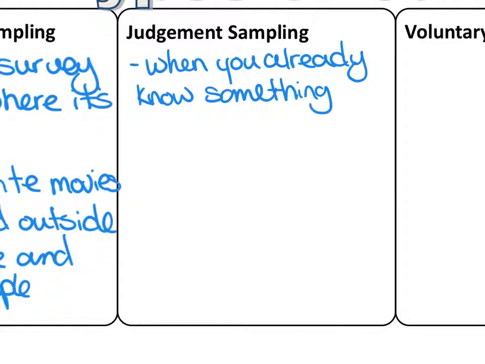For example, let's say you're asking people about biking or cycling, and you ask a bunch of people at a cycle shop. You already know kind of what they're going to say. So be careful about judgment sampling, because that happens.